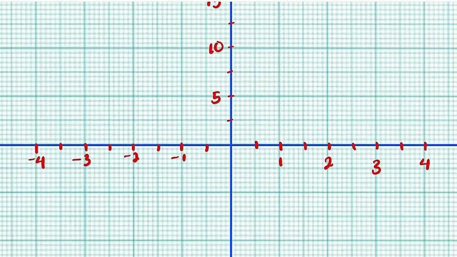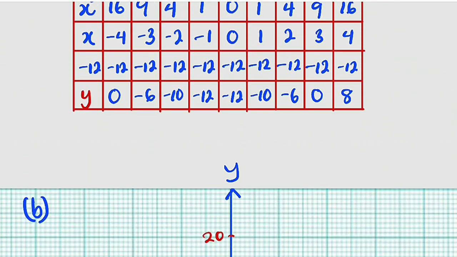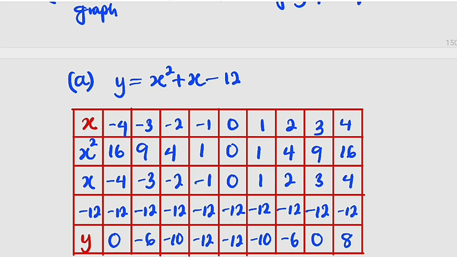You can leave it like this. Come down here. 1, 2, we have -5. 1, 2, we have -10. 1, 2, we have -15.